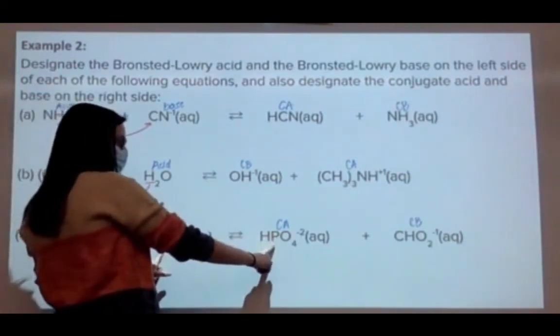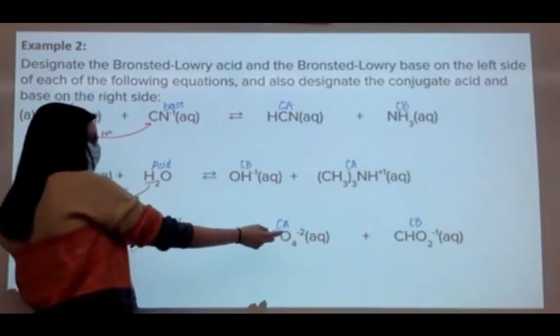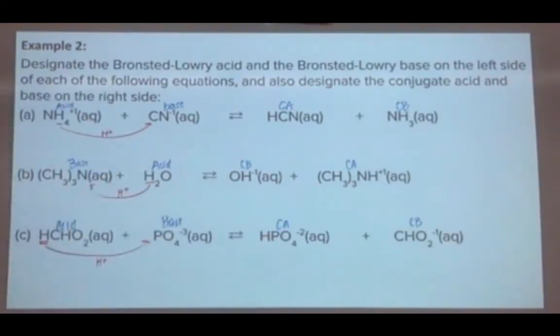The conjugate acid-base pairs only differ by one H+. So it doesn't go from PO4 3- to H3PO4. They only differ by one H+.